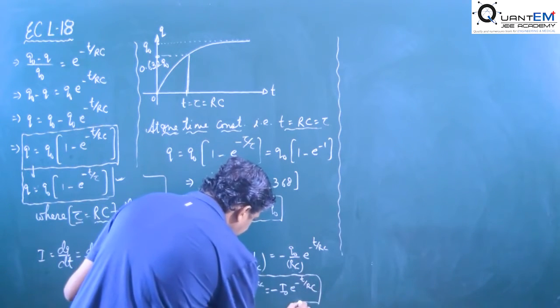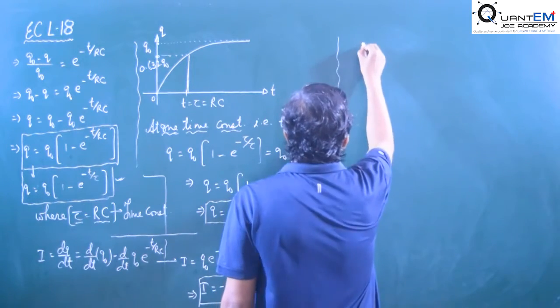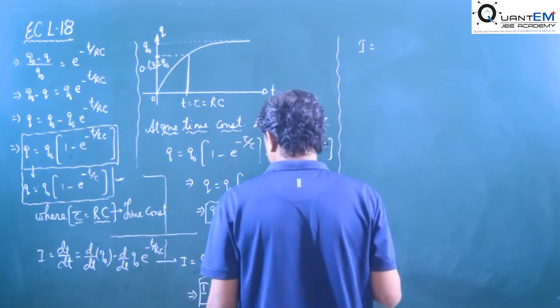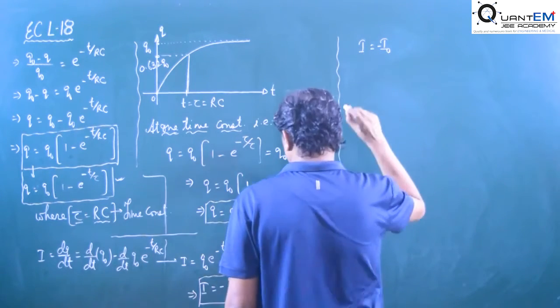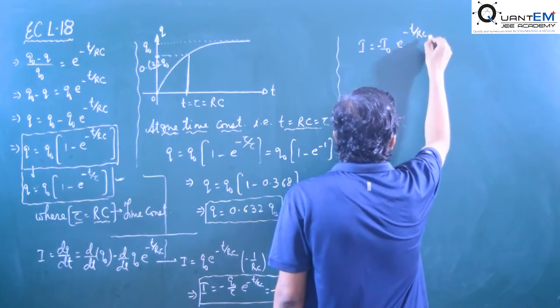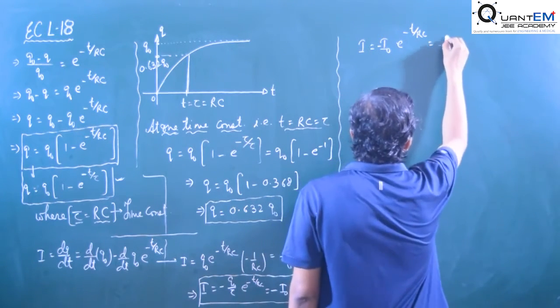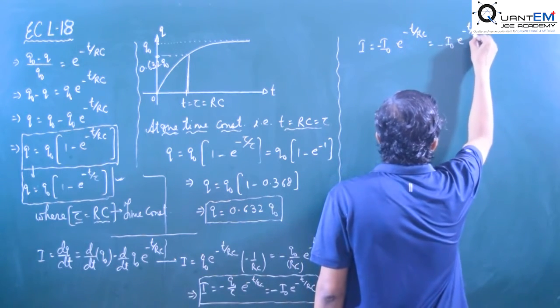This is the value of current we have. So we may write I is equal to I naught e to the power minus t by tau.